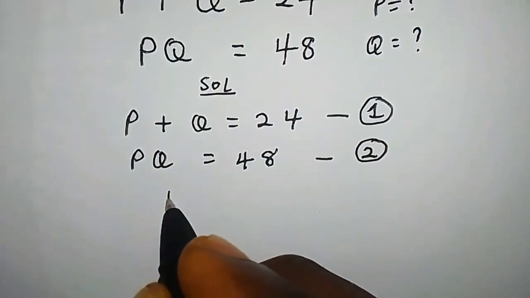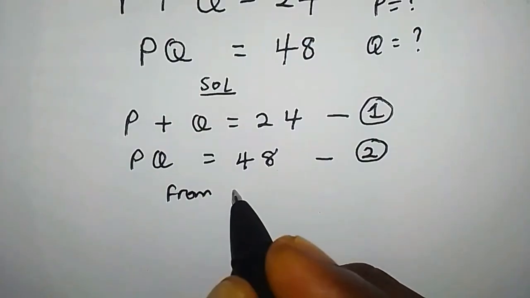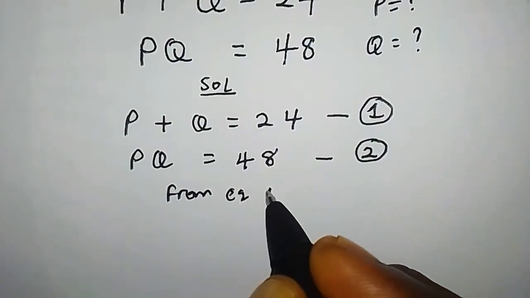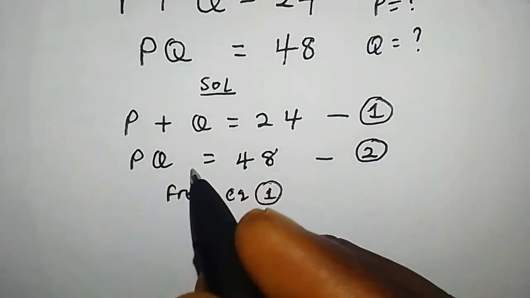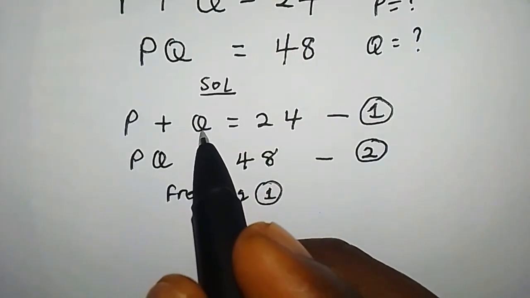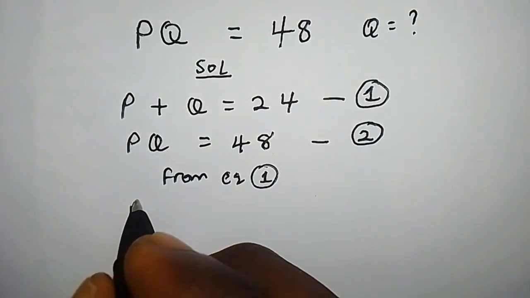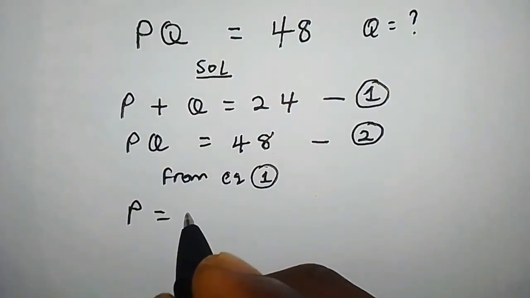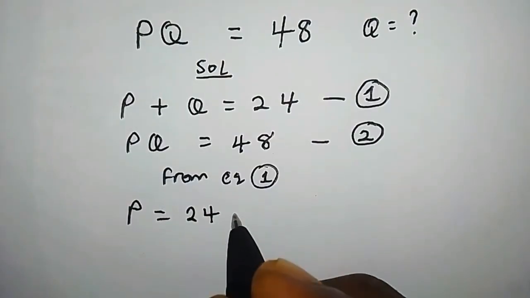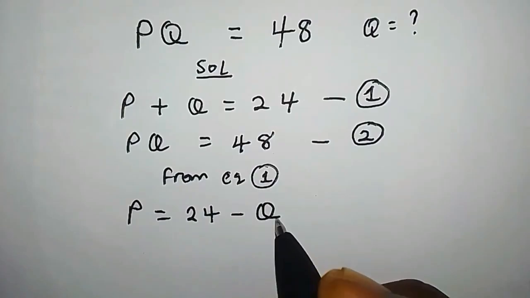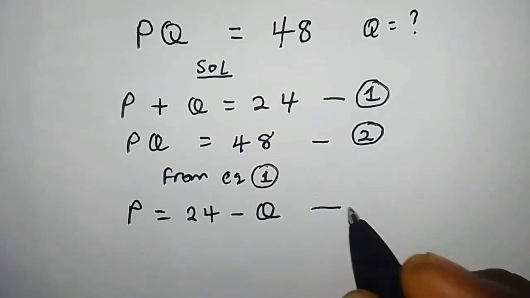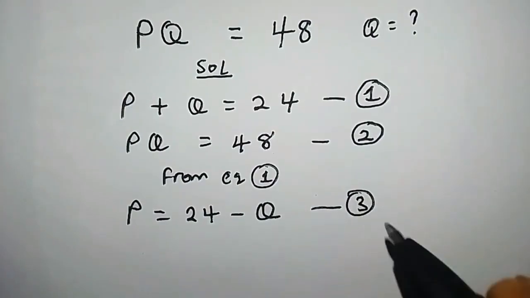So from equation 1, if we move Q to the right hand side, we're gonna have P equal to 24 minus Q. Let us call this equation 3.